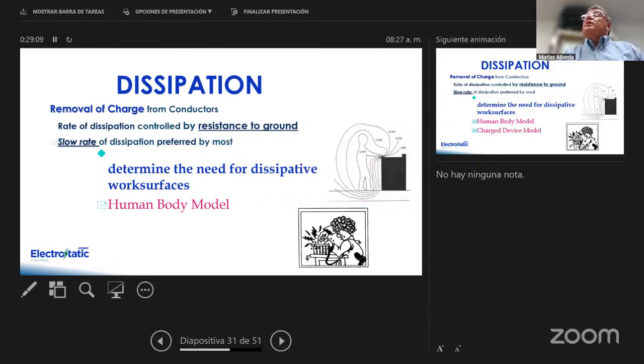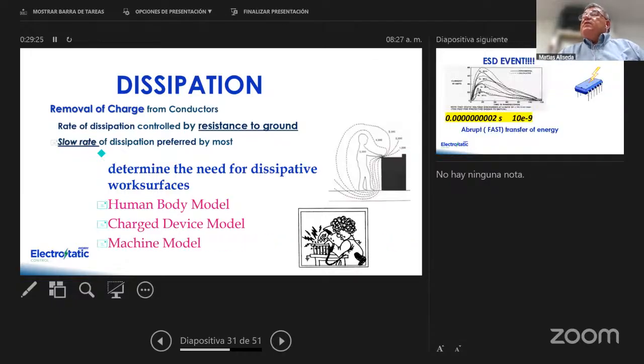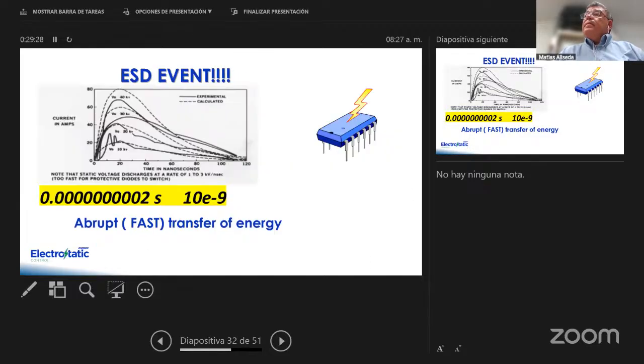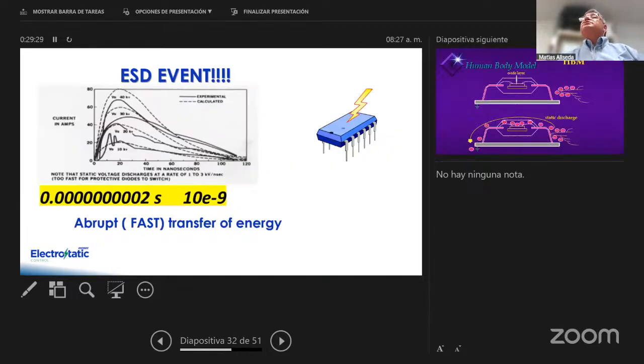To determine the dissipation, the models of damage are very important: the human body model, the charged device model, and the machine model, which show how we can damage the device. In an ESD event, in a very small time, 20 nanoseconds, we can generate a lot of energy, 40,000 volts and more than 60 or 80 amps.